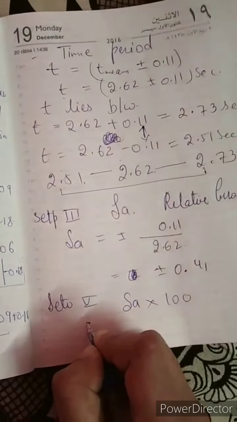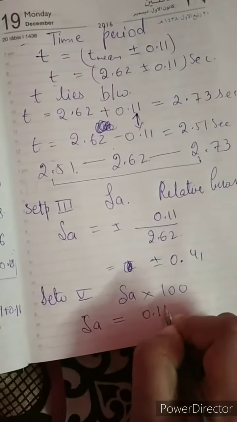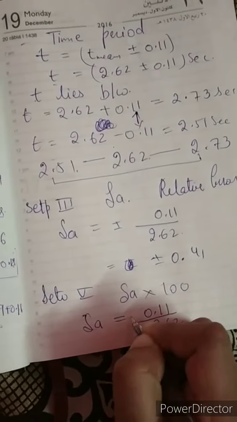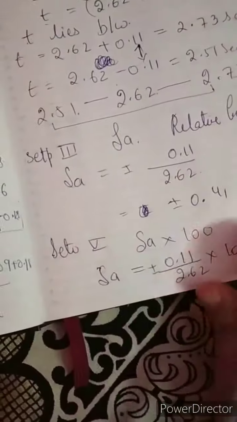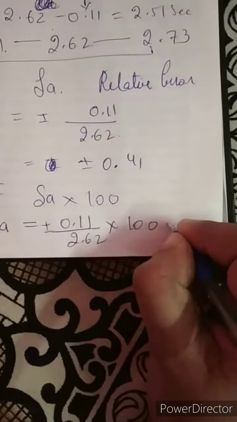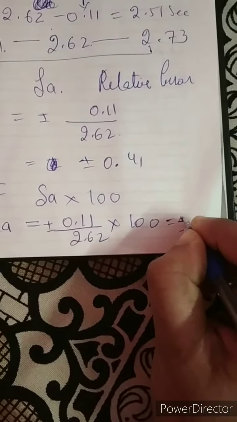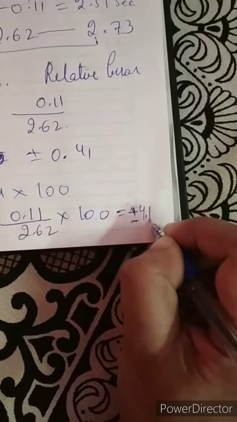So delta A is equal to plus minus 0.11 divided by 2.62 into 100. If you multiply it, it will give you plus minus 4.1%.